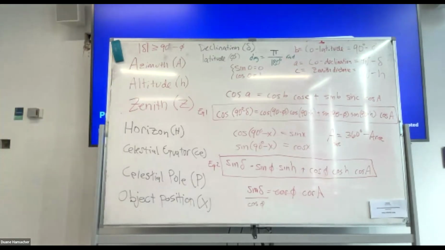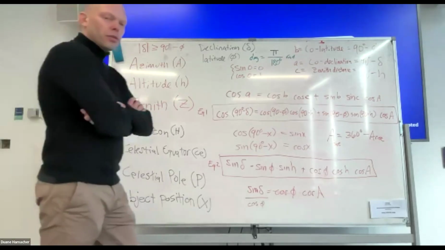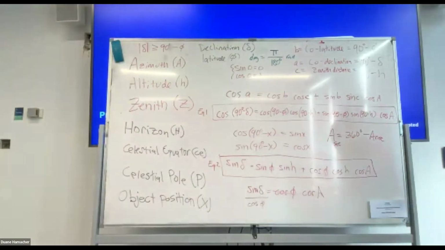Sorry, I don't use Excel. How do you put this in? So what we're going to do is create a spreadsheet. What might help is to literally write declination, and then in parentheses, D. That tells you what you have to define, right?